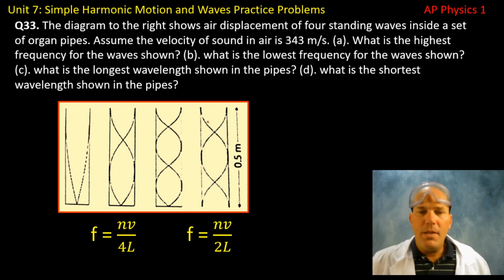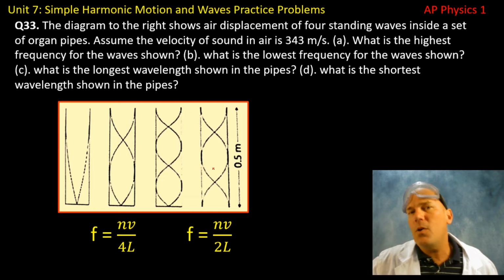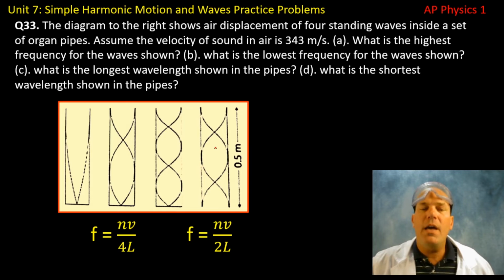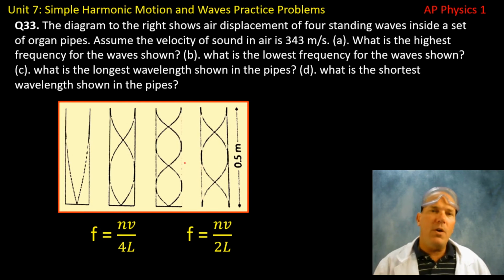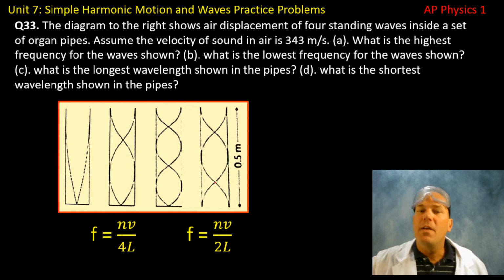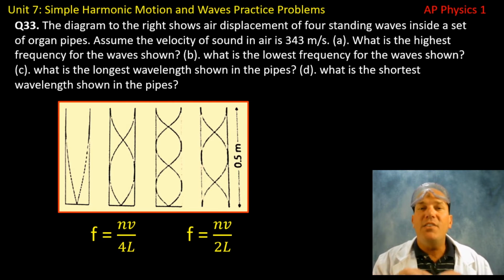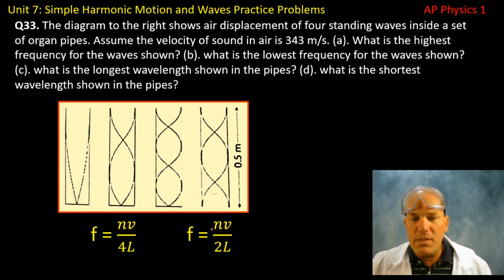Now, the pipe on the far right is open at both ends, and in this case we have n equals 2. We've gone over that as well. For this example, we're back to 1/2 of a wavelength for a column or pipe open at both ends. So it is the same as a stretched string fixed at both ends, and this equation is the same.